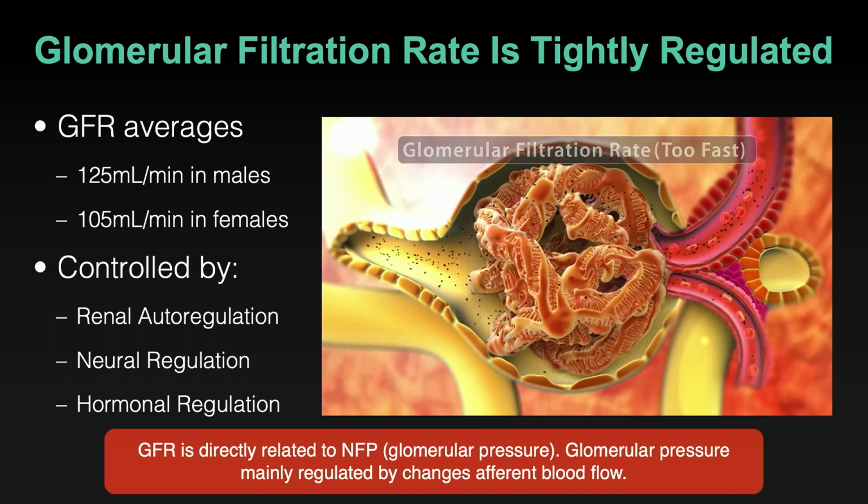If afferent blood flow is high, so a lot of blood is coming in, pressure will be high in the glomerulus. GFR will be high. Blood flow is low, little blood is coming in, pressure in the glomerulus is low. So we acutely regulate the afferent blood flow in order to dictate glomerular filtration rate.